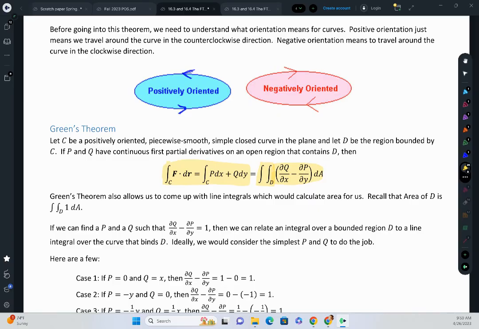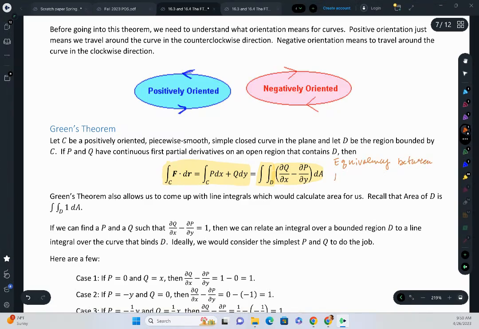That gives us area, the integrand gives us volume. And so we're finding this equivalency between a line integral and a particular volume integral.